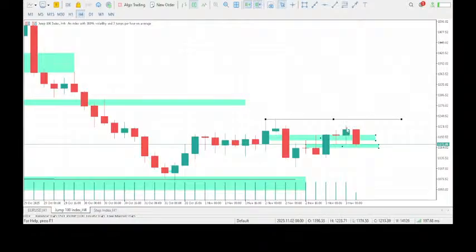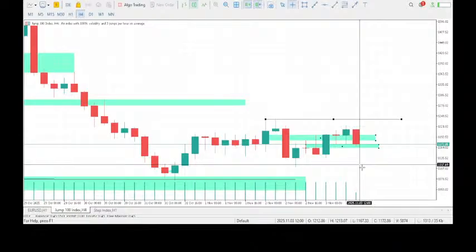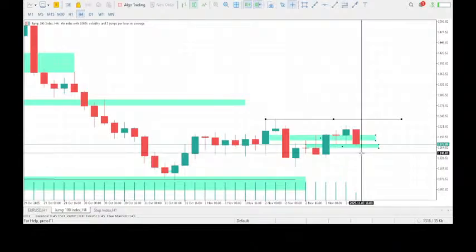Even for now, we didn't close up, right? You see that fair value gap. Oh, we closed up. So this fair value gap that we have here, I don't wish to see the market closing down. It should respect it and give me confidence that this price will be respected.